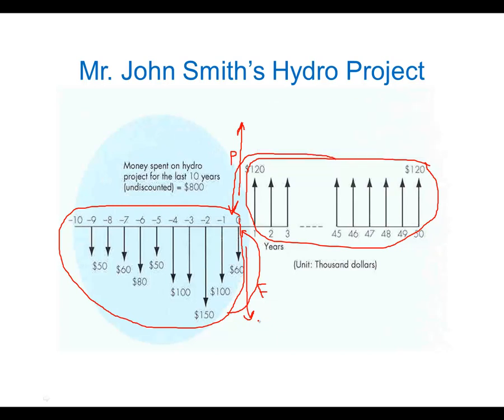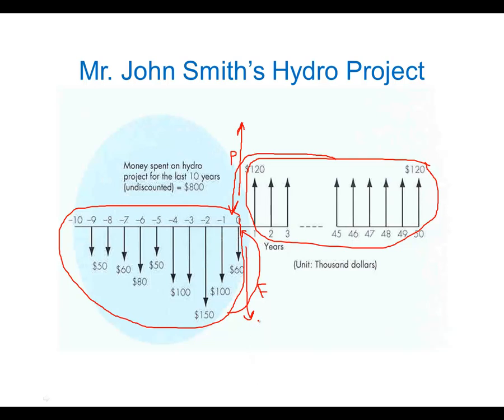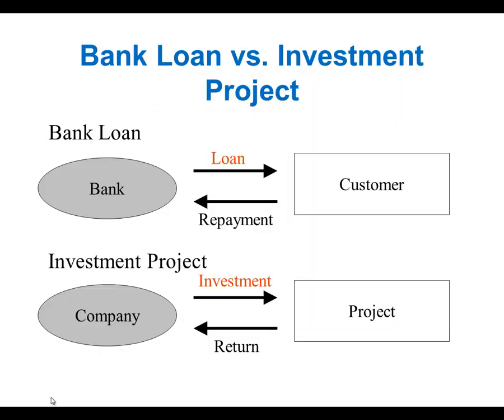Since the interest rate was not given, we can use the goal-seek function in Excel to find the value of the interest that will make the inflows and the outflows at year zero equivalent. Like I said, you can try that, because I explained goal-seek in Excel before in another example. So you can use that to find the interest rate.